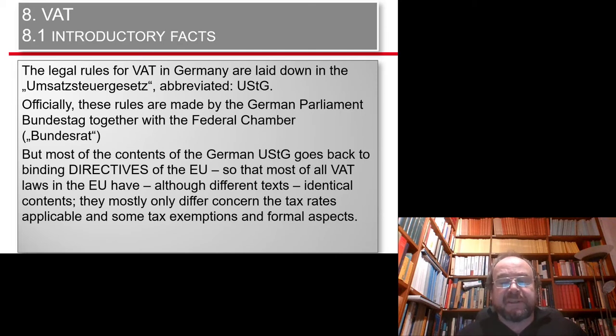Nevertheless, important ones, for example, the tax rates can be different. They can still be set freely by the different member states, and some tax exemptions have variations, and all the tax return stuff, all the administrative things, are also still different.